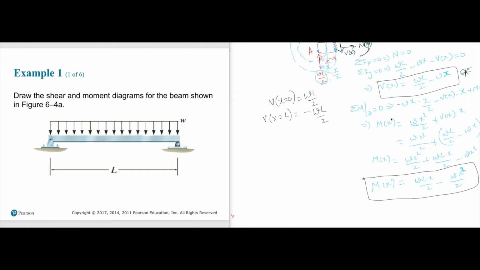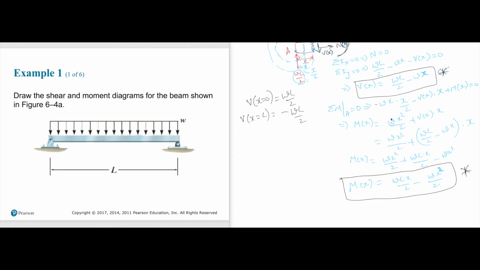Now in this equation for moment, what is the moment at x equal to 0? You get 0. Again, what is the moment at x equal to L? Plug in x equal to L. You get negative WL squared over 2 here, positive WL squared over 2 here, so you end up getting 0.